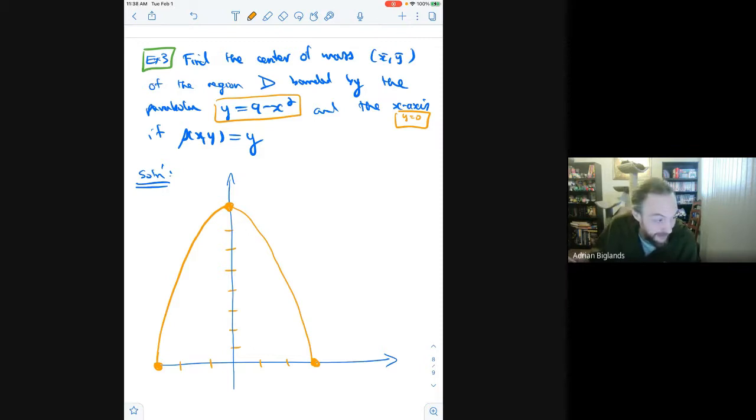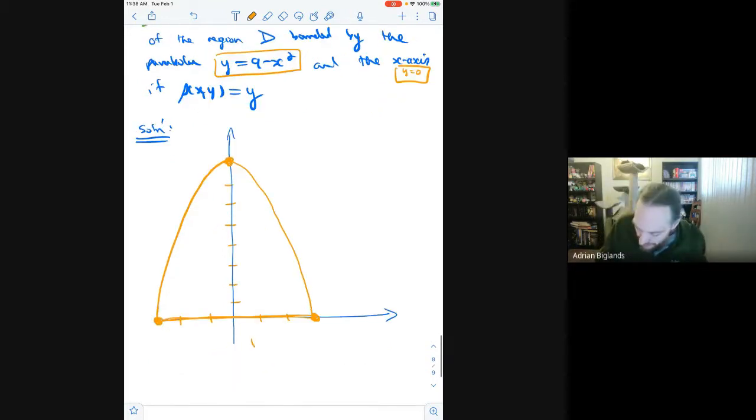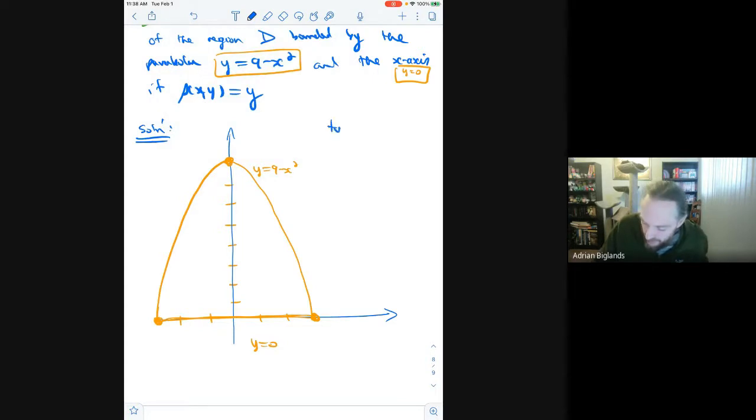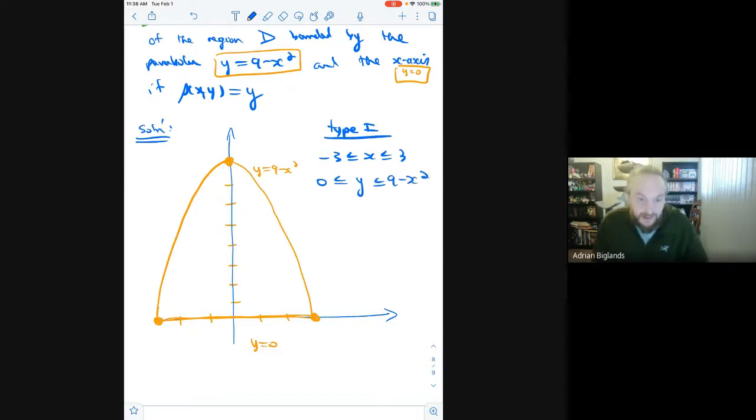This is y equals 0, and this is y equals 9 minus x squared. This tells us that this is a type 1 region. I have -3 is less than or equal to x is less than or equal to 3, and 0 is less than or equal to y is less than or equal to 9 minus x squared. So I have a type 1 general region.